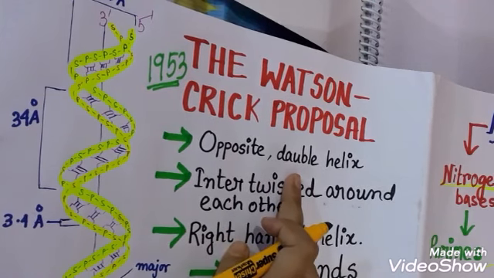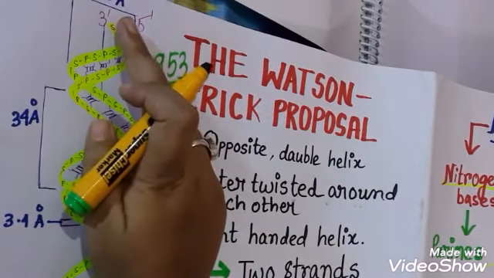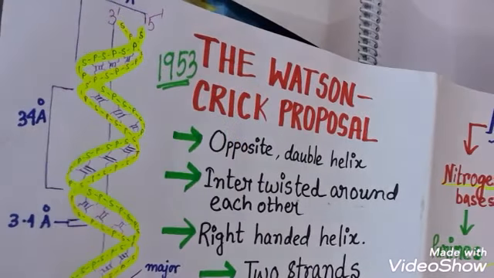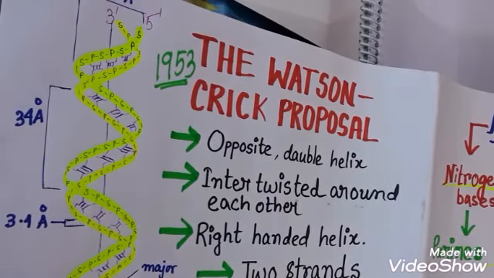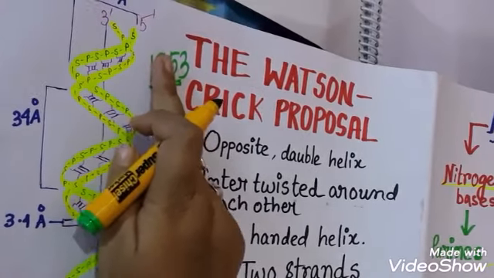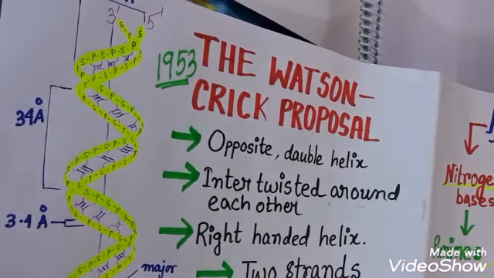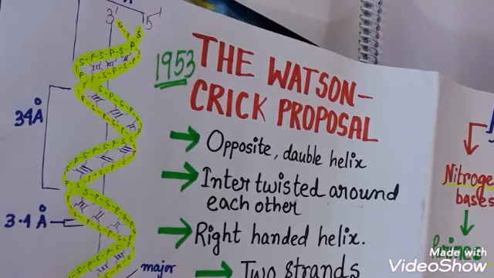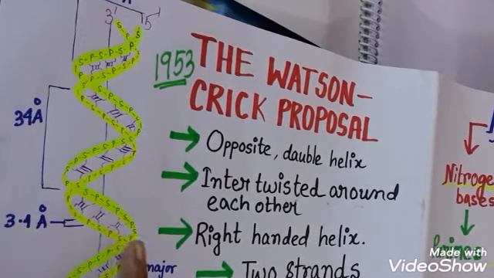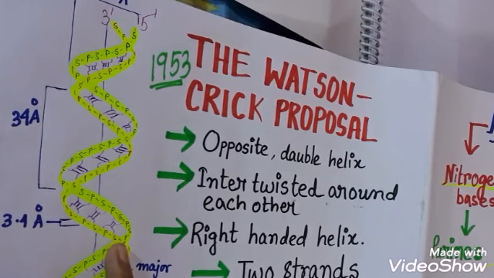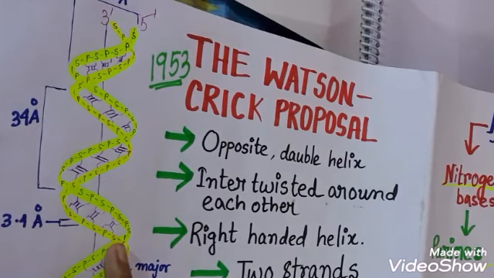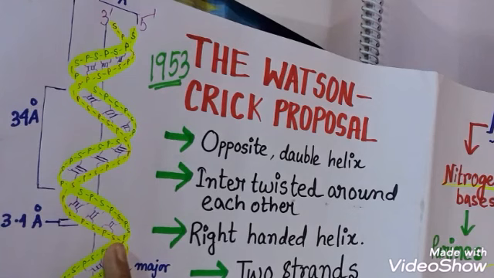Opposite means if one strand is in the 5 to 3 direction, the other will be in the 3 to 5 direction in the opposite manner, and this causes the anti-parallel nature. The 2 strands should always be in an anti-parallel manner for their stability, bond forming and other thermodynamic consequences.